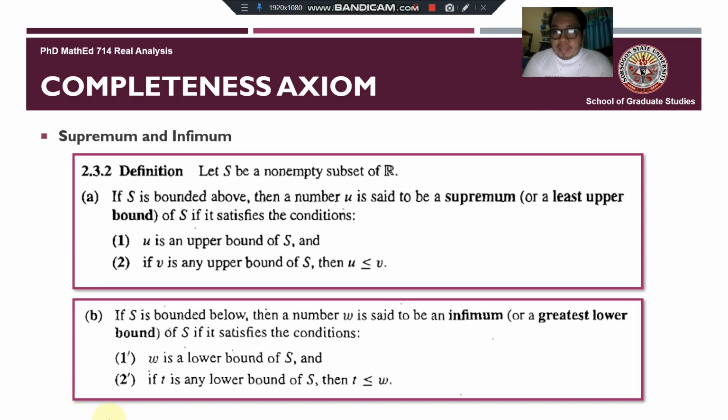Next, if S is bounded below, then a number W is said to be an infimum or a greatest lower bound of S if it satisfies the conditions.